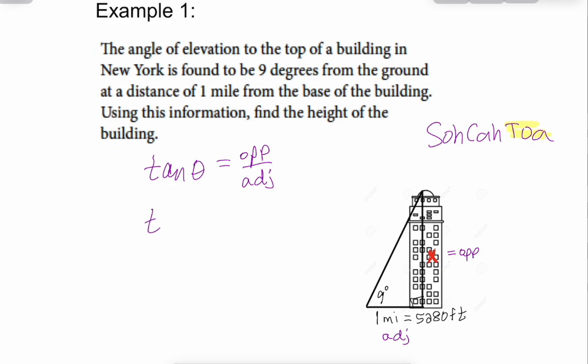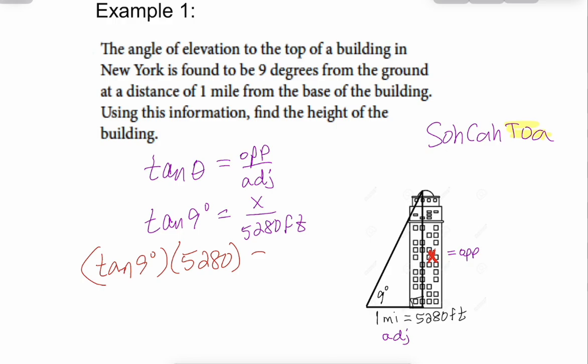So I know that the tangent of 9 degrees is opposite over adjacent. So let's go ahead and multiply through by 5,280. So I know that the tangent of 9 degrees times our denominator, 5,280, will equal x.